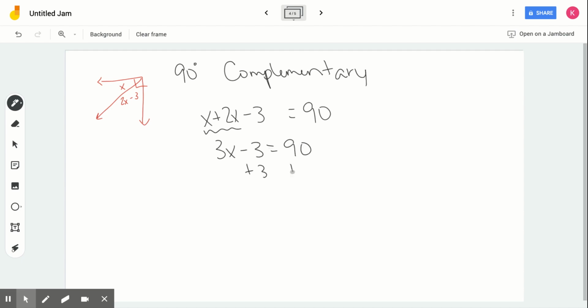And again, we're using those inverse operations to solve the equation. Remember, when there's no operation sign, we are multiplying. So here we find out that x is equal to 31 degrees.